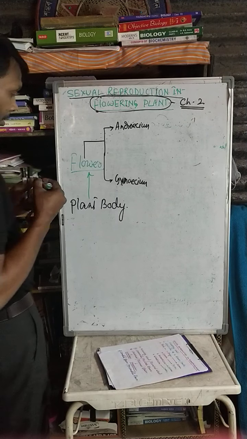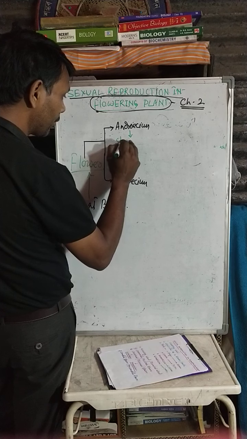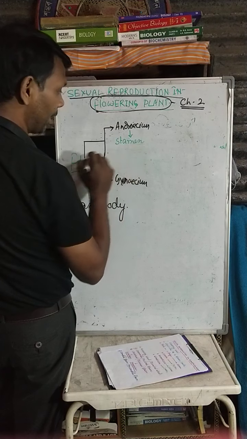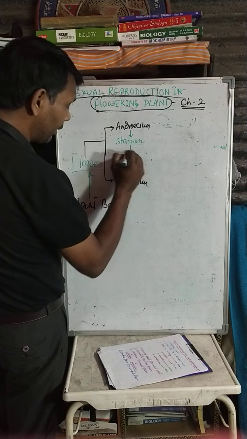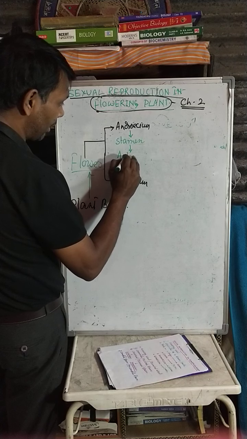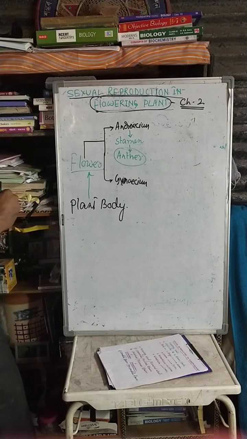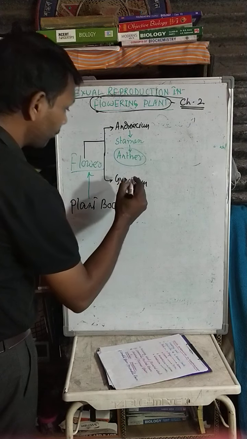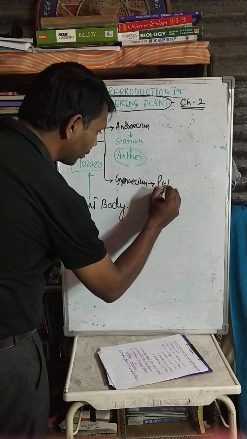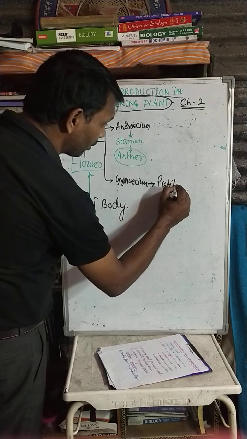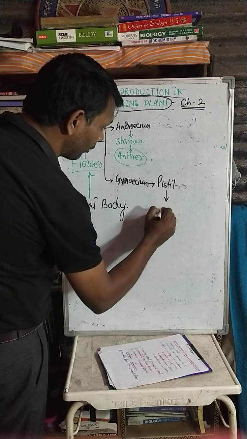This androecium produces stamen, okay, individual part. This stamen contains anther. This anther is known as microsporangium. Similar way, this gynoecium has pistil, this pistil contains ovary.